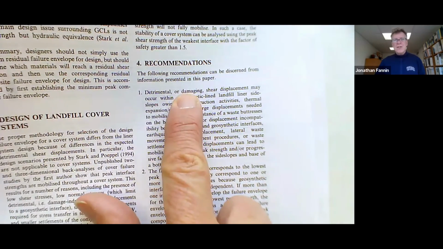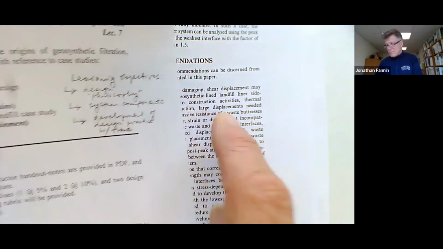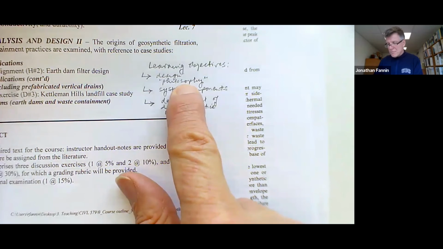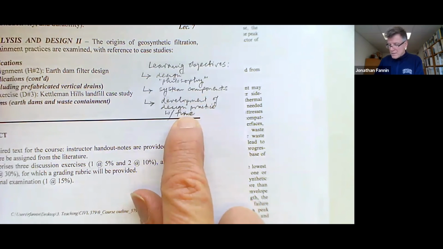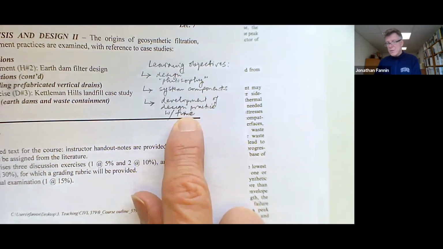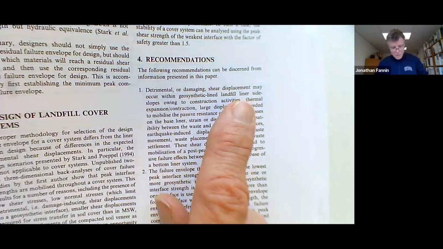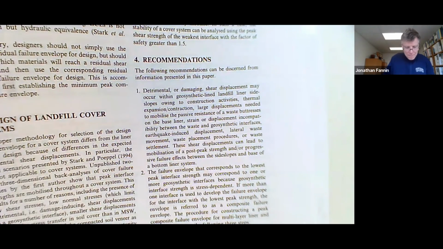Do these recommendations, do you take them all at face value? Do they influence your philosophy on residual strengths or combinations thereof? And does that represent, do we believe, a development in design practice with time? So, informed by that, I'm going to stop sharing the screen.